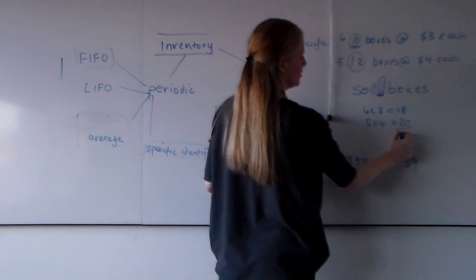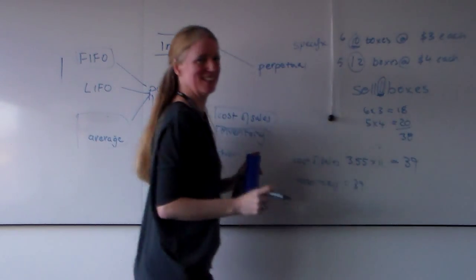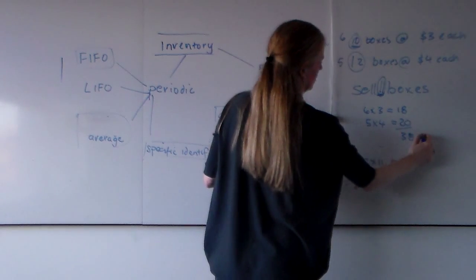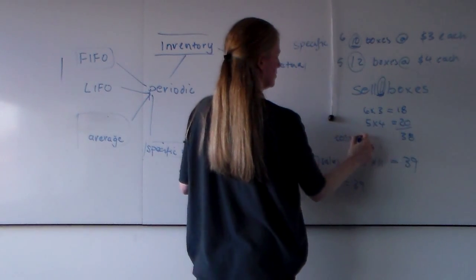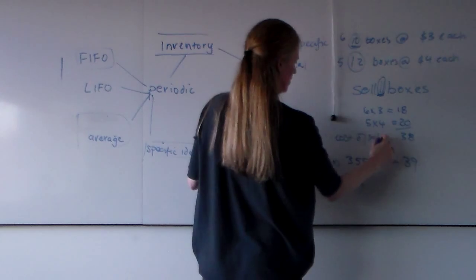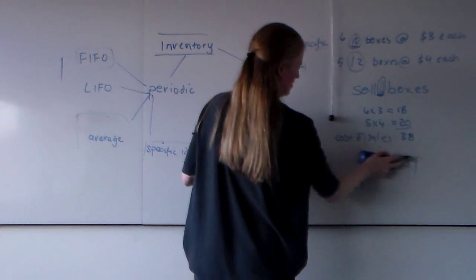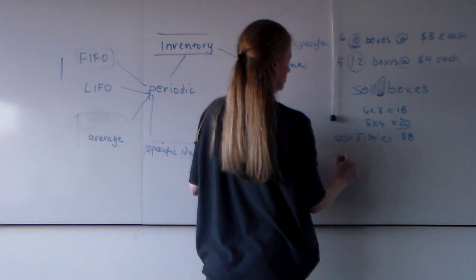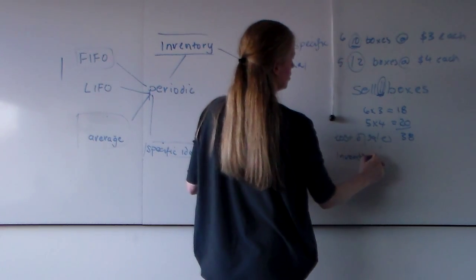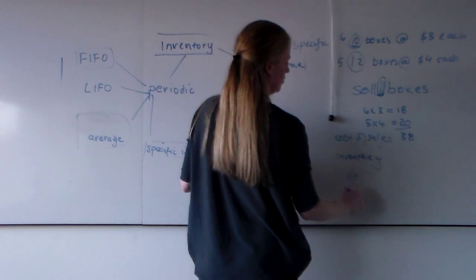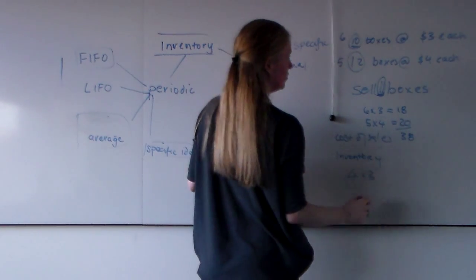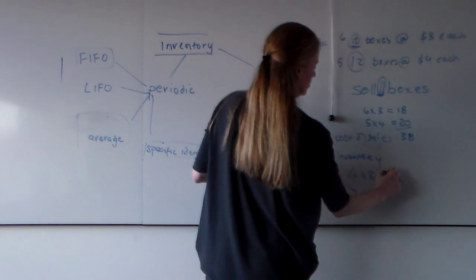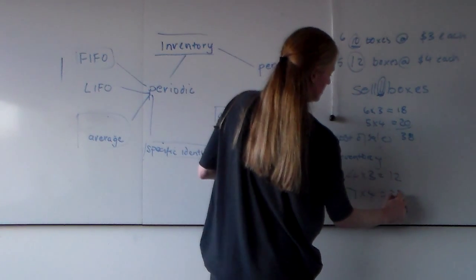So therefore our cost of sales will be 38. That's our cost of sales. And our inventory will be whatever's left over, which is 4 at 3 and 7 at 4. 12 and 28. 40.